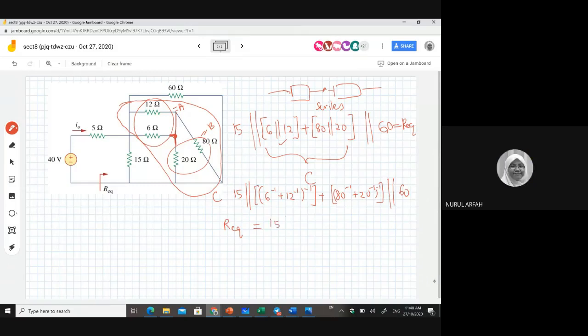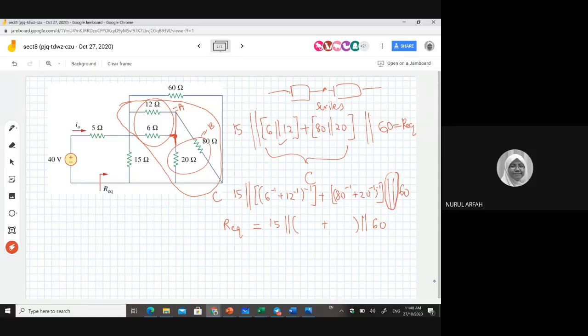Madam, I have a question. Does the 15 not have to be inversed, madam? The 15 and the 60. Oh, inverse. Yeah. I haven't touched anything yet.